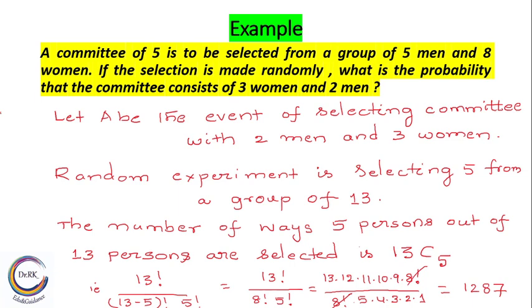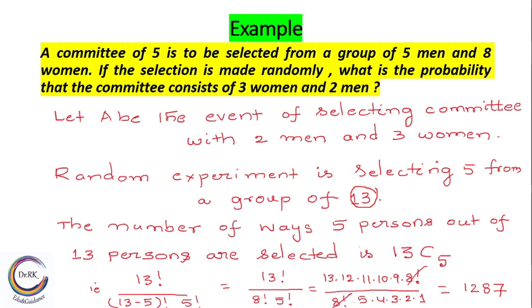First, as usual, we have to see what our denominator is, the sample space. The random experiment is selecting 5 from a group of 13. Total, 5 plus 8, that is 13 people, out of which we have to select 5.